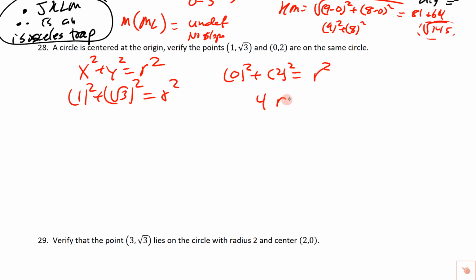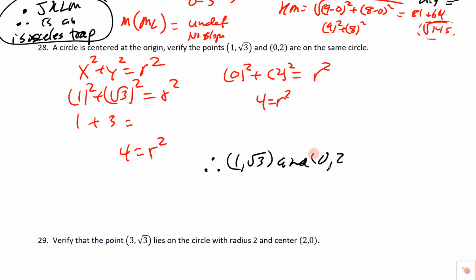So this is 4 equals r squared. And this is 1 plus, let's see, square the square root of 3. That's a 3. So we get 4 equals r squared on this one and 4 equals r squared on this one. So yeah, they're both on a circle centered at the origin. So we're going to say, therefore, those points, 1, radical 3 and 0, comma 2 are on, we're going to call this x squared plus y squared equals, we figured out what the radius is, figured out that it's 4.